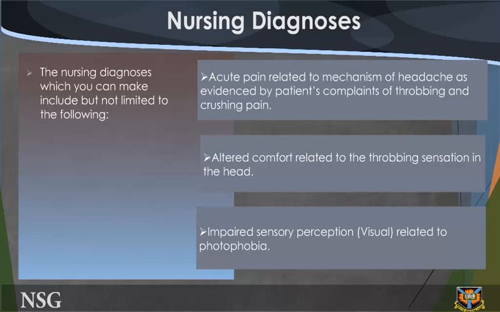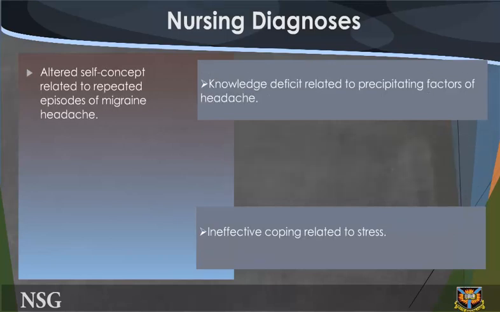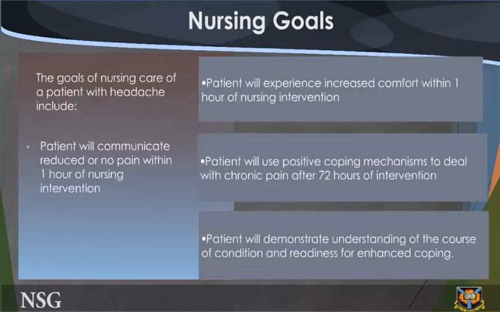Impaired sensory perception, visual, related to photophobia. Altered self-concept related to repeated episodes of migraine headache. Knowledge deficit related to precipitating factors of headache. Ineffective coping related to stress.